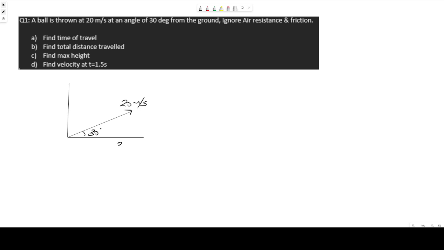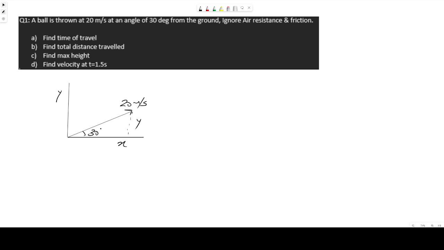This is the ground or the x-axis, and this is the vertical or the y-axis. I'm going to draw a dotted line here, which denotes the y-axis. Now we're going to quickly find out what the Vx and the Vy is, so we're going to resolve this into its horizontal and vertical components.